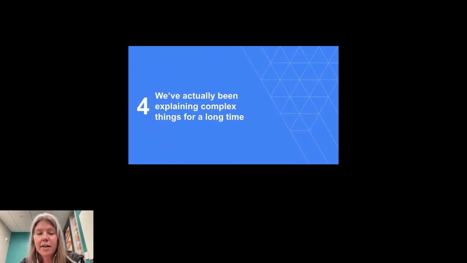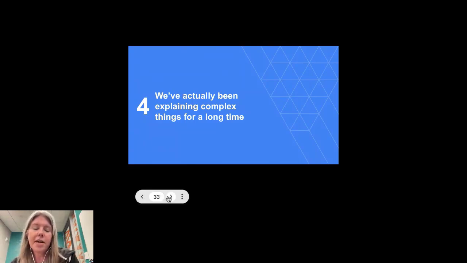But actually, I think that with a little bit of workmanship in the interaction design of those systems, we can have really good results. And throughout history, we've been explaining complex things for a long time. There's a lot of work behind this.